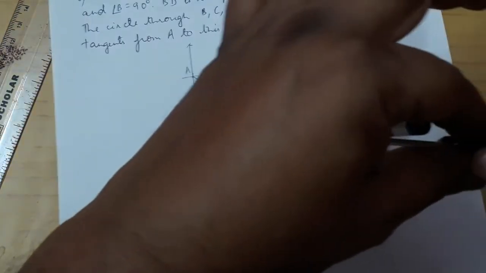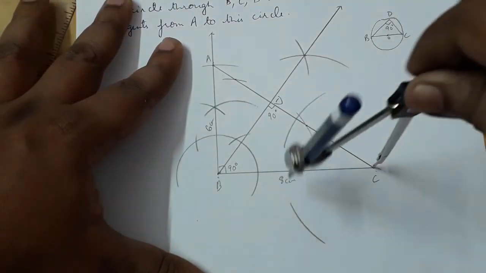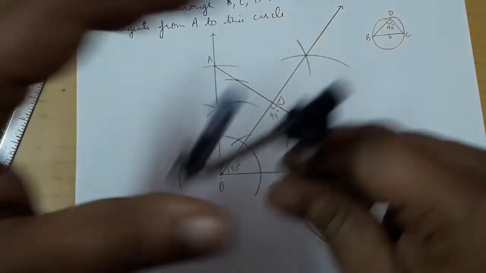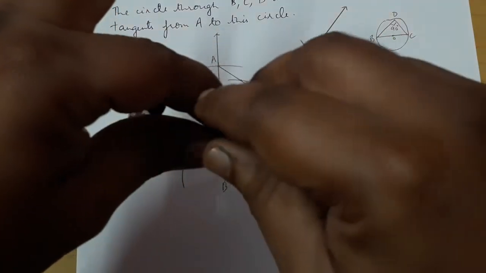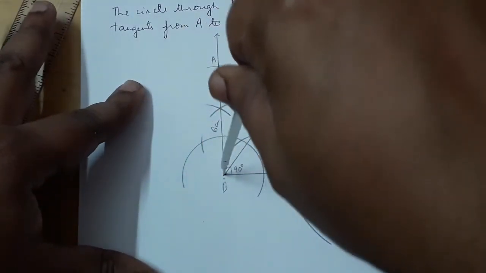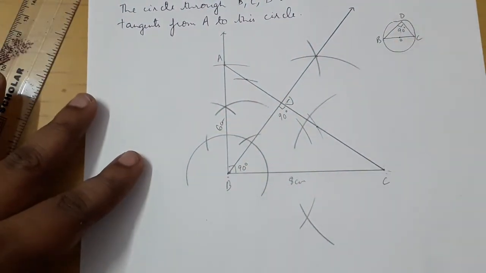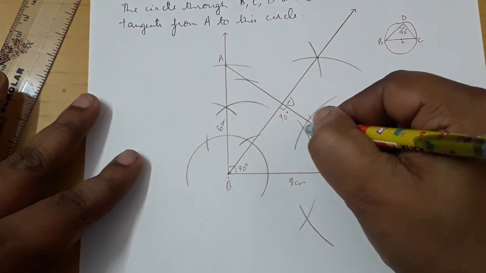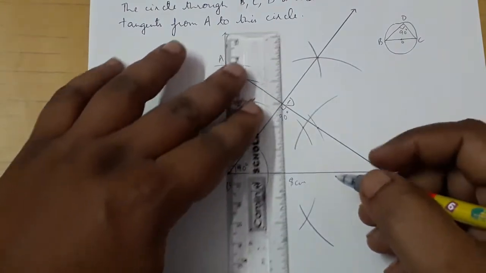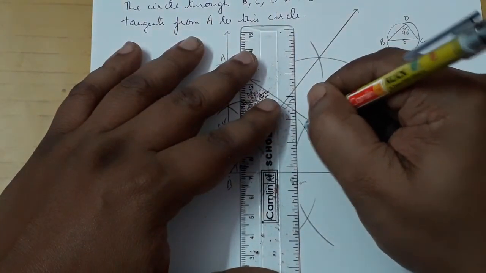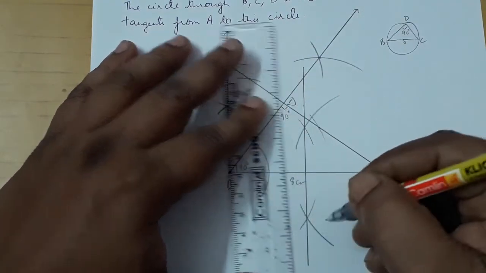From C, cut an arc over here and one below, and using the same measurement I'll keep the compass on B and cut the arcs that I've just constructed. I need to mark the points where the two arcs intersect, and draw a line passing through those 2 points of intersection.